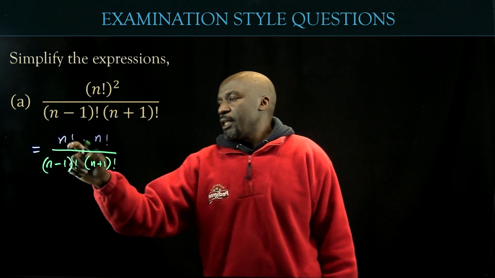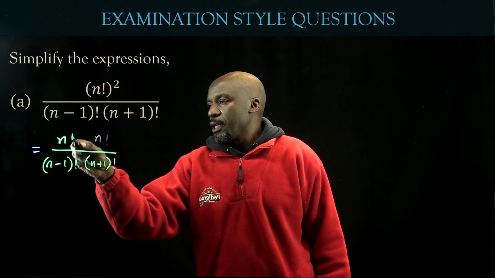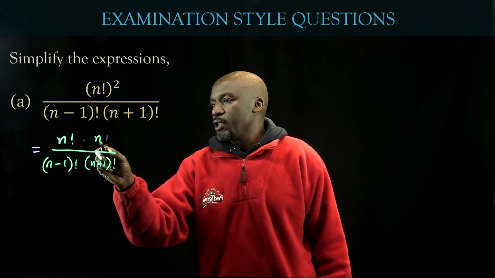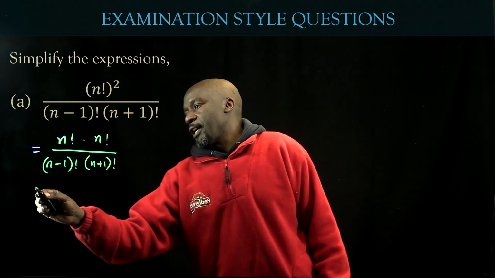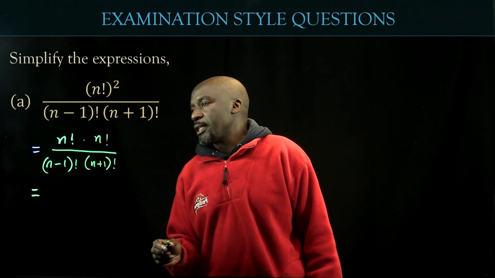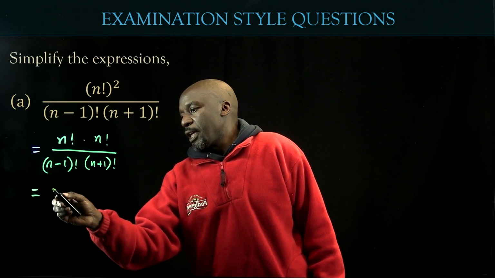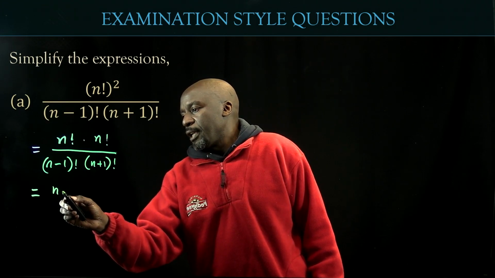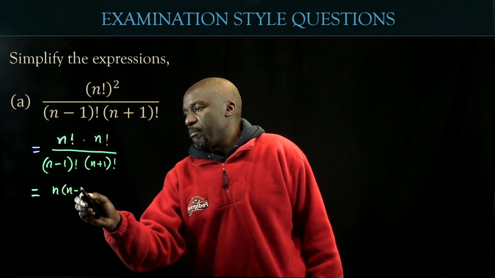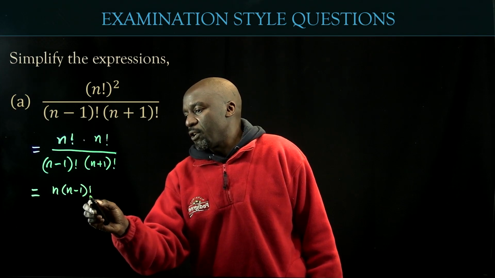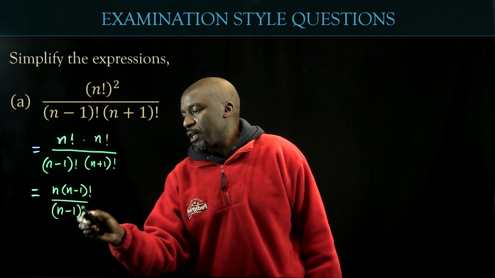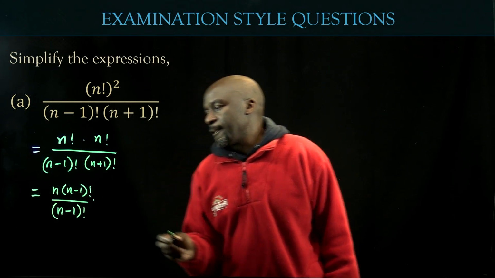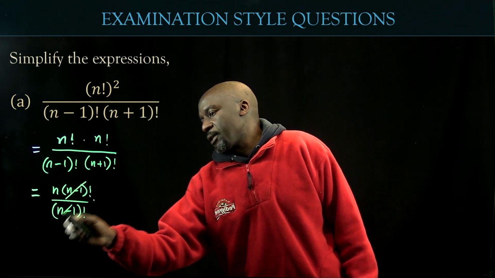And I can team this first one with the denominator and this one with the other denominator. So I could write this one here as n into n minus 1 factorial over n minus 1 factorial. So this bit is done because I know this will cancel that.